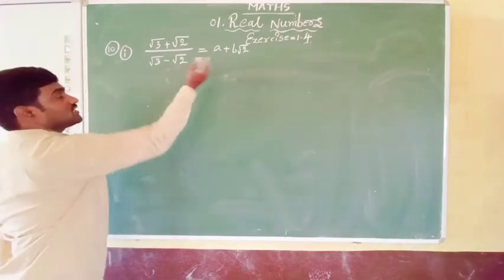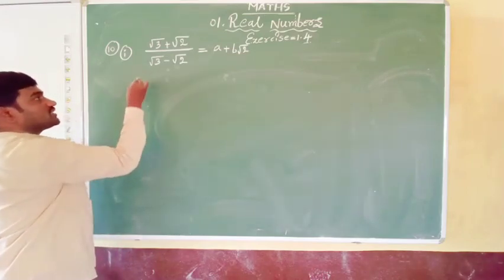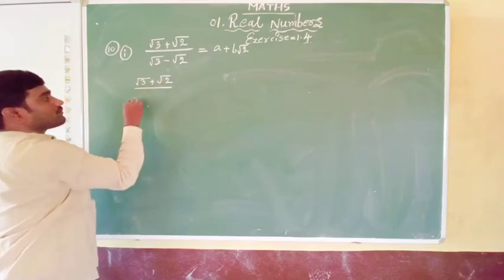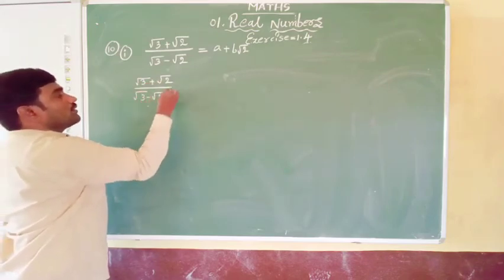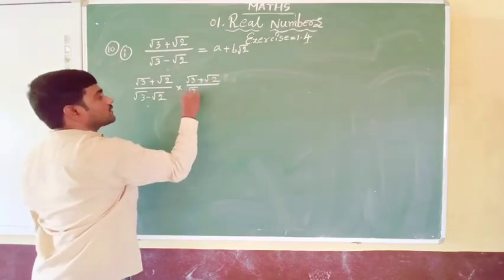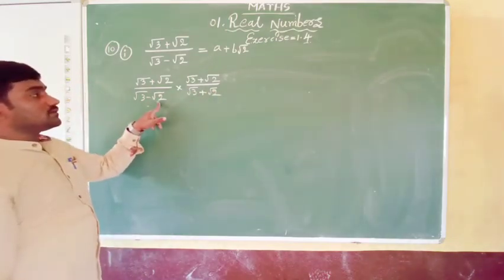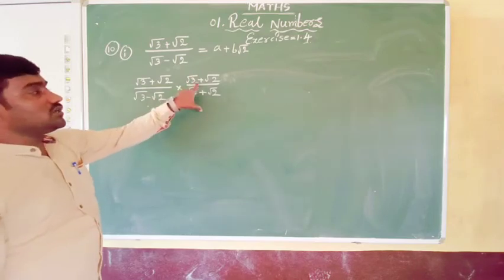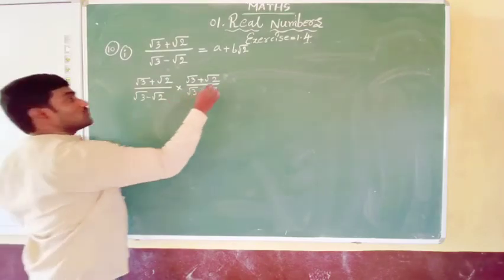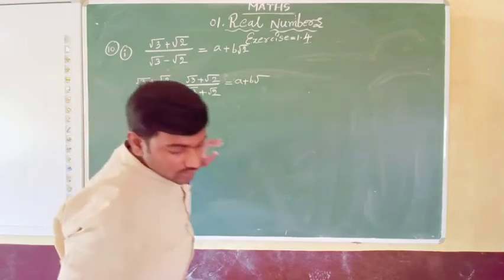Okay, first the LHS side and RHS side. First, on the LHS side we will rationalize the denominator. We go for root 3 plus root 2 by root 3 minus root 2, multiplied by root 3 plus root 2 by root 3 plus root 2. Why? Because here for root 3 minus root 2, the rationalizing factor is root 3 plus root 2. That equals a plus b root 6.